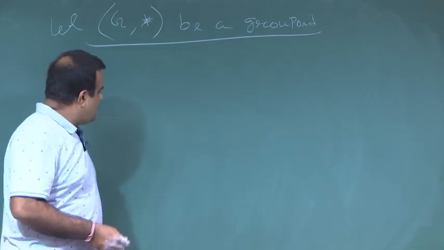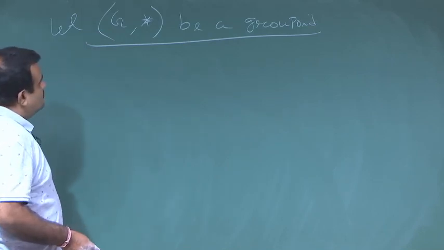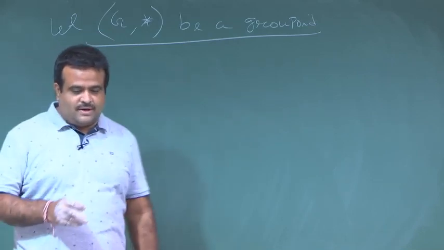So, we take a groupoid and suppose there exists an identity element.